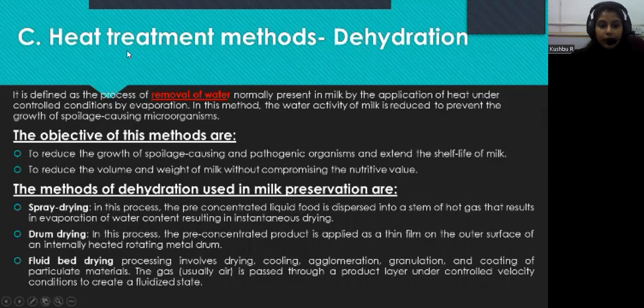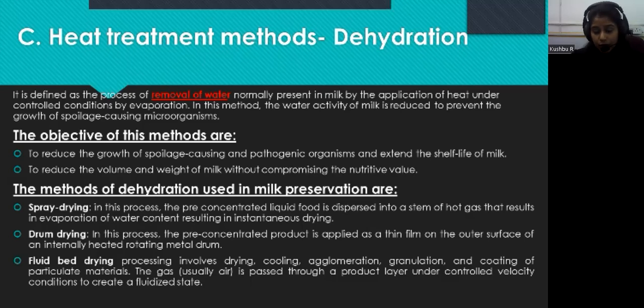And then we have the heat treatment methodology, which is believed to be one of the important methodologies where dehydration of the milk occurs, thus obtaining dried milk, powdered milk or condensed milk. But here we are going to mainly focus on powdered milk.